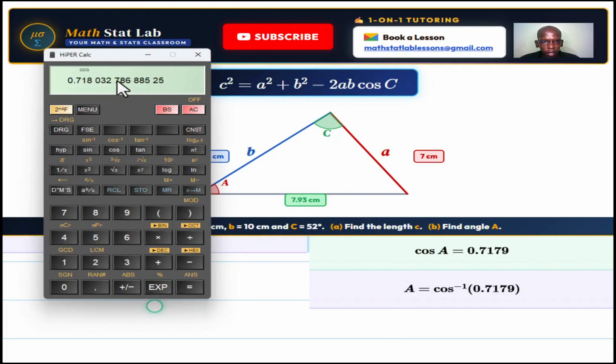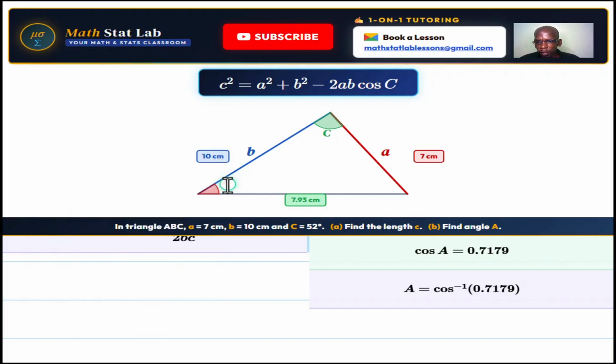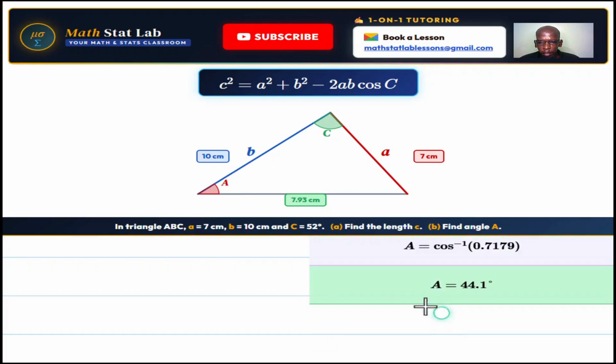Going back to the calculator, we put 0.7179 like that. Then shift, and then cos inverse, which becomes 44.1 if we round off to 1 decimal place. So this angle here will be 44.1 degrees.